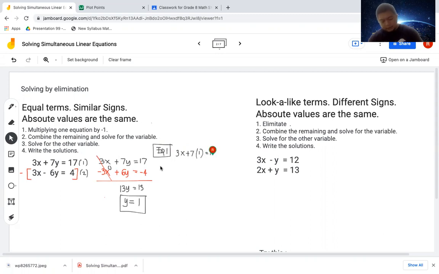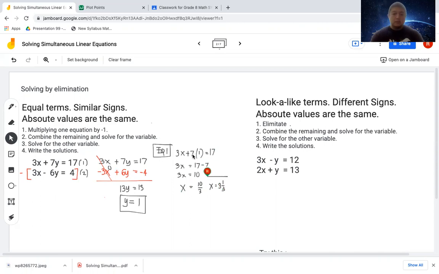So you will now have 3x equivalent to 17 minus 7. This is going to give us 3x equivalent to 10, and x is equivalent to 10 over 3, or x is equivalent to 3 and 1/3.